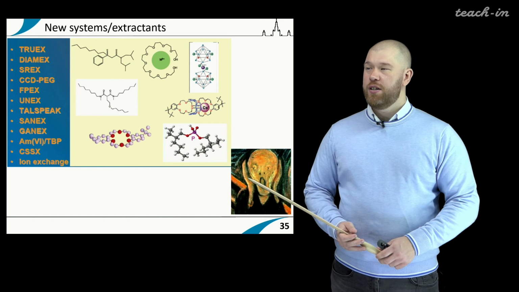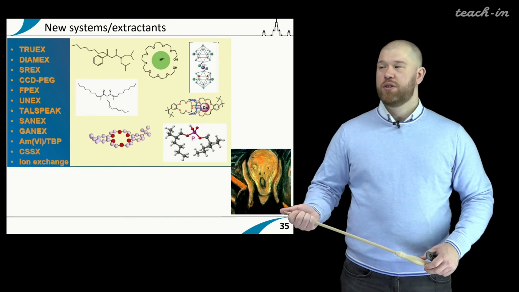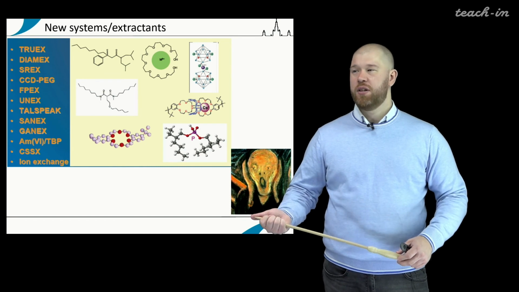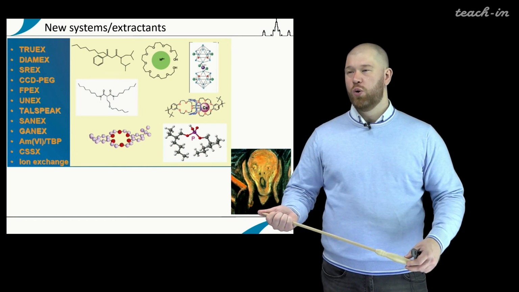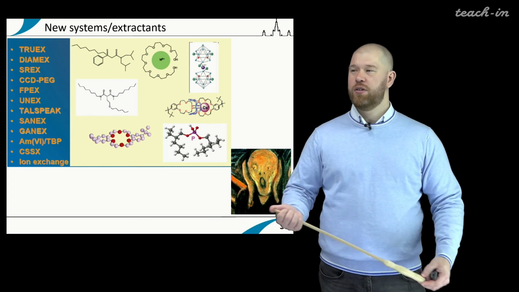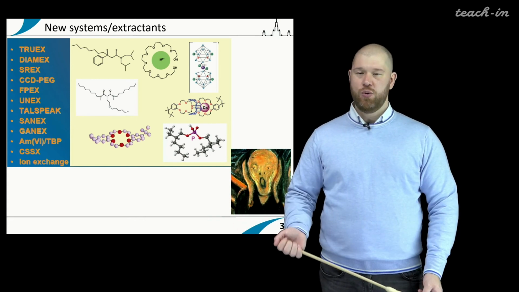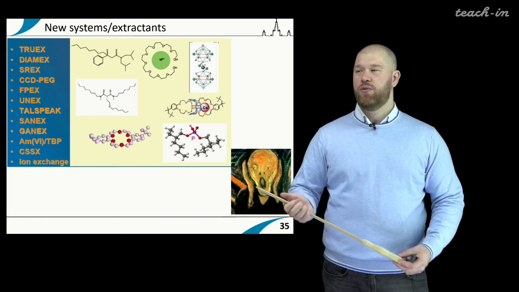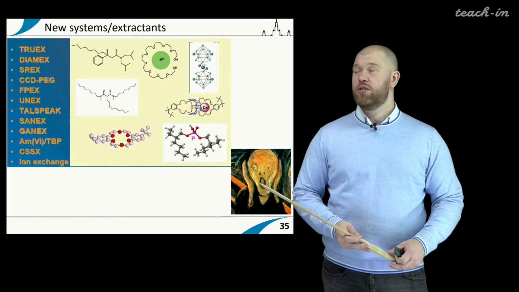There are plenty of new systems that are developed for extraction of certain elements, for example, cesium or strontium, because cesium-137 or strontium-90 can be used in different radionuclide sources for different applications in technology.